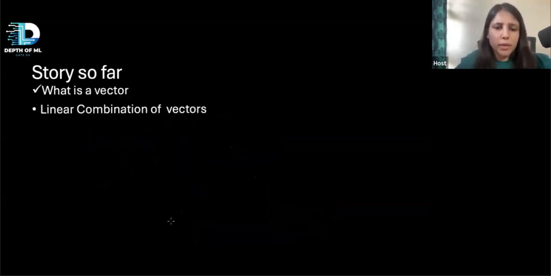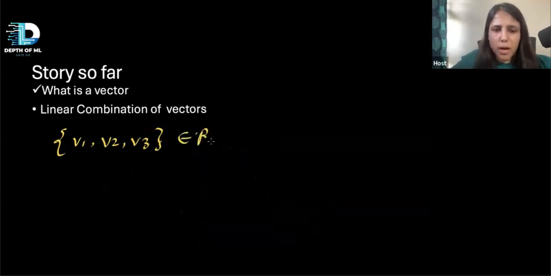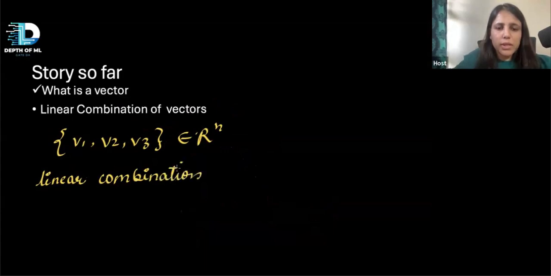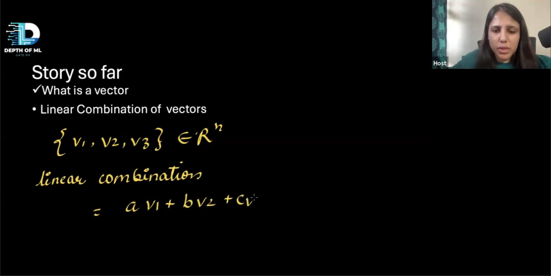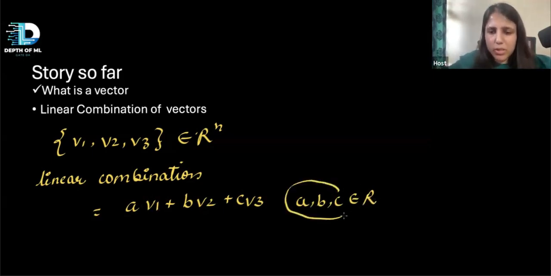Then we talked about linear combinations of vectors, right? So when we talked about linear combinations, we saw that if I have vectors v1, v2, v3 that belong to some vector space Rn, then a linear combination is basically some A times v1 plus B times v2 plus C times v3, where A, B, and C come from real number values, or these are called scalars as well.